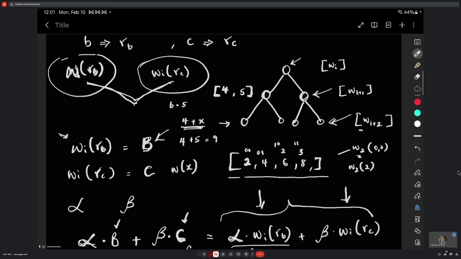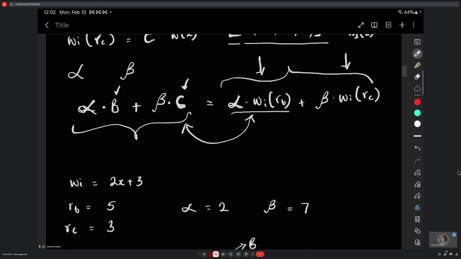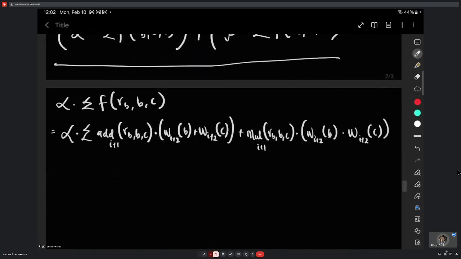W is a polynomial, and a polynomial you can evaluate at any point. But the point that we are passing in is actually the index. For now, just think of it as an index to get that value. Is it making sense?